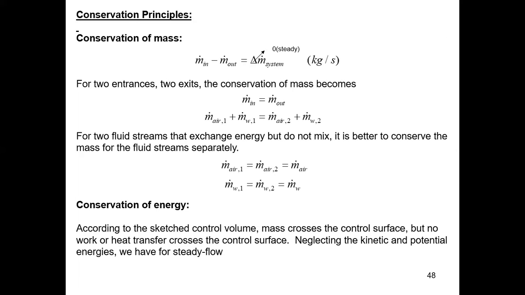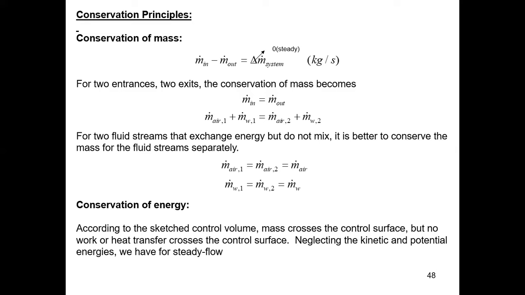So again, the mass flow rate is constant. For two entrances, two exits, the conservation of mass becomes m dot in is equal to m dot out. Okay. So m dot air in plus m dot water in at position 1 is equal to m dot air out at position 2 plus m dot water 2.